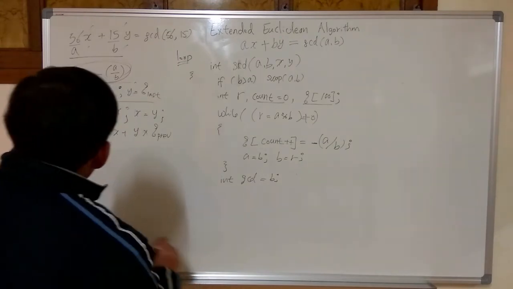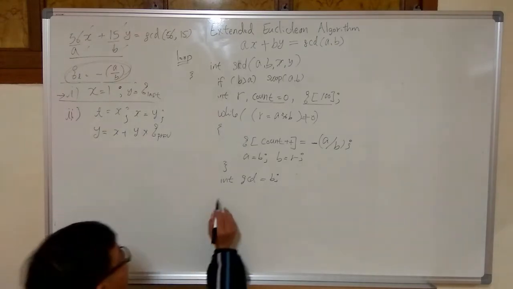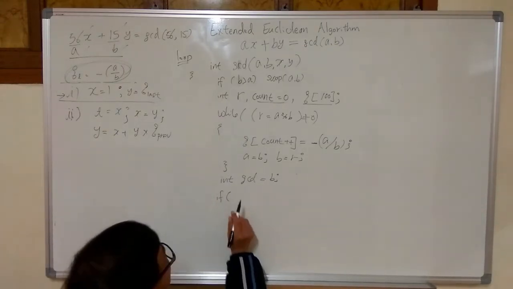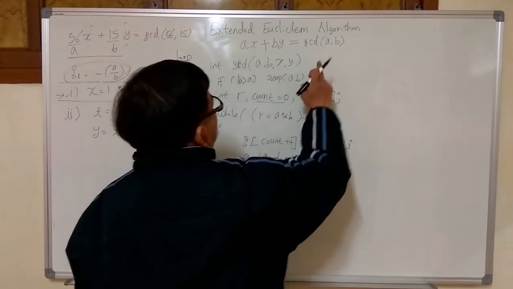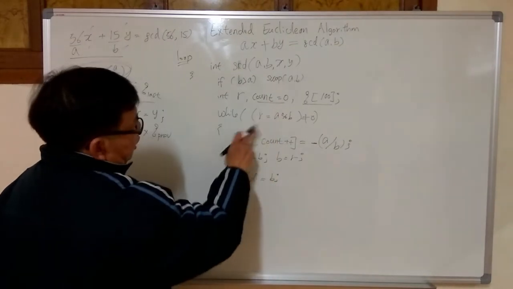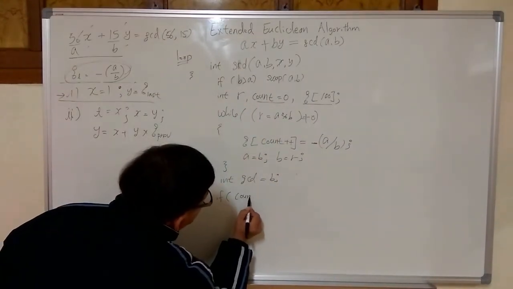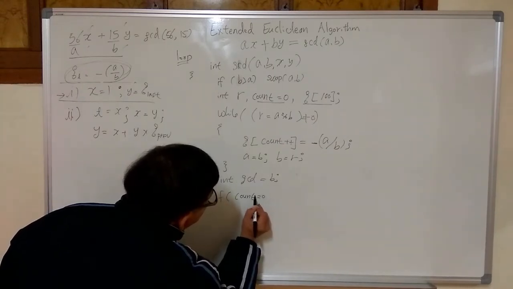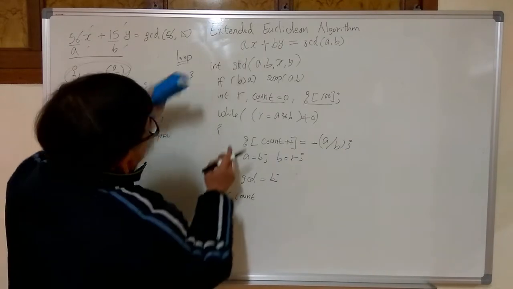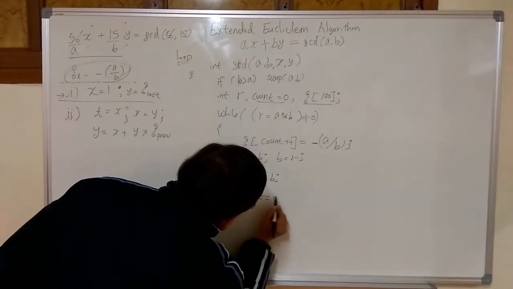Then here this is the initial step. Count actually means how many times this loop executed. If count is 0, it means it never executed this loop.